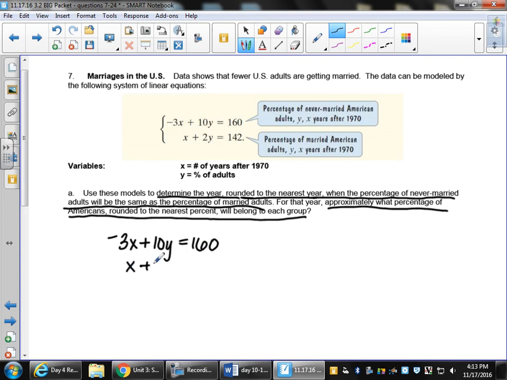And x plus 2y equals 142. This is a standard form system. It's given to me like that, standard form. Or if you like, instead of writing standard form, you could write ax plus by equals c system.